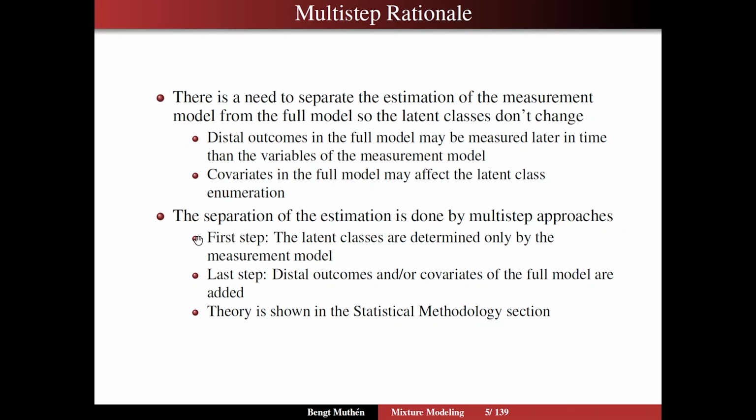So the first step, again, is the latent classes being determined only by the measurement model, and the last step, adding the distal outcomes and/or covariates of the full model. And how we do that exactly statistically is shown in the statistical methodology section, and what I will try to do is to show it to you in a more intuitive fashion with as few technicalities as possible.